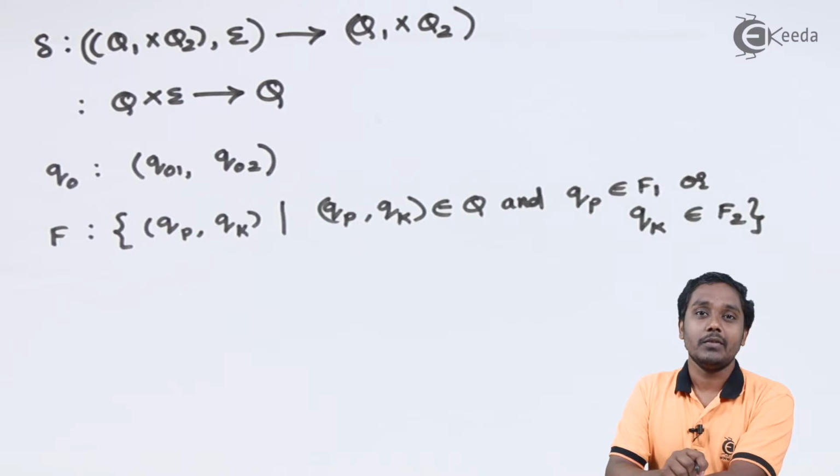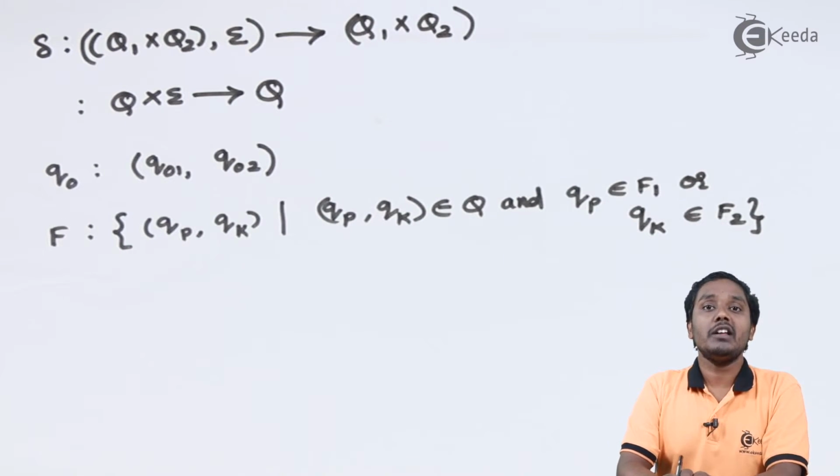In the definition, I have stated that it is a set of all states (QP, QK) where at least QK is a final state or QP is a final state. Hence, this FA will accept the set of all strings in which either one of the machines is going to a final state. That means it is accepting the language L1 union L2.